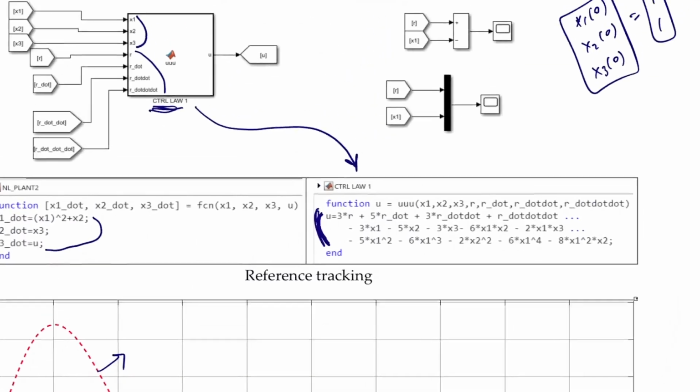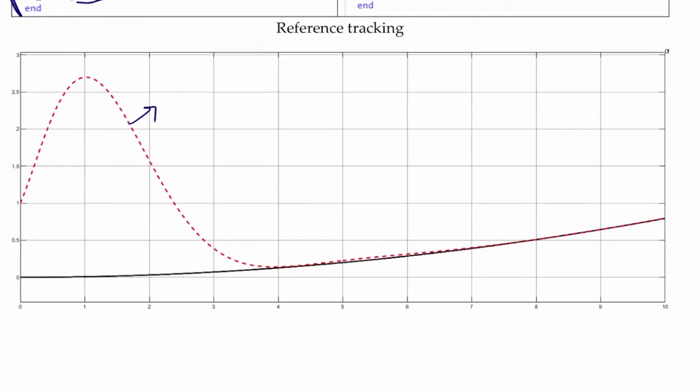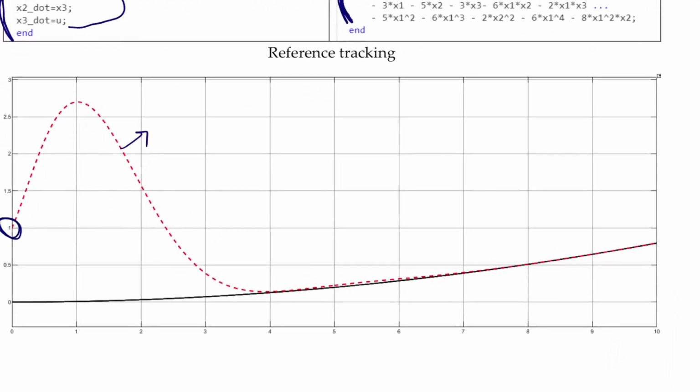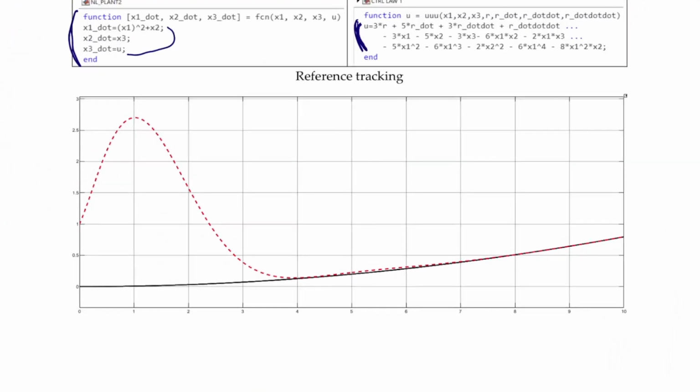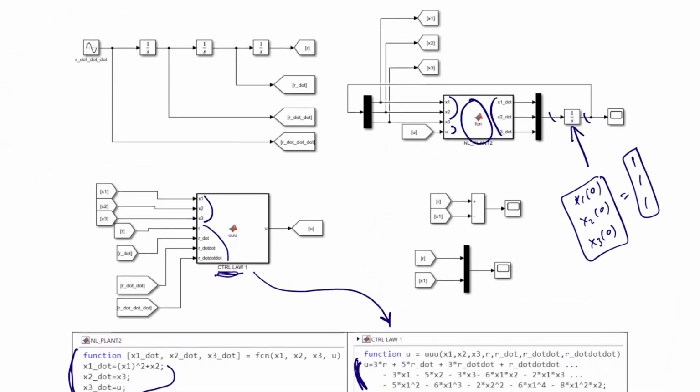So these are the initial conditions. This red signal is the real x1 signal, and the black one is the reference signal. It starts from there and it converges to the reference signal. So this is the basic idea of how to use backstepping control for reference tracking applications. And this is it, and thanks for watching.